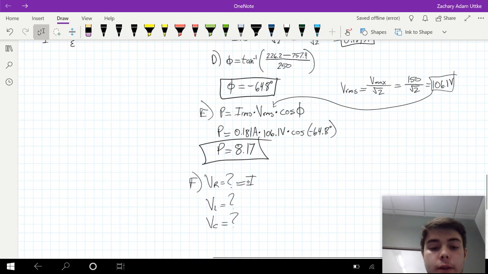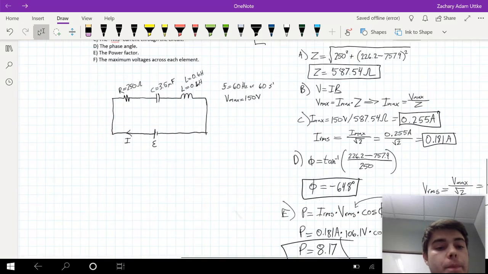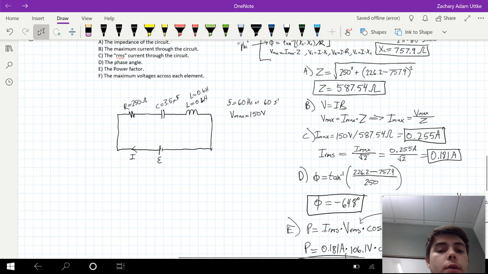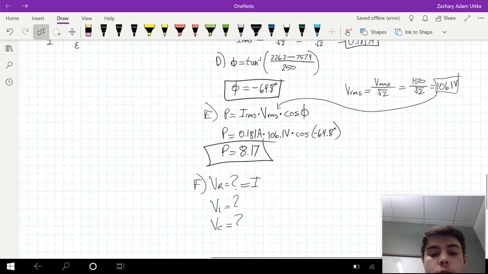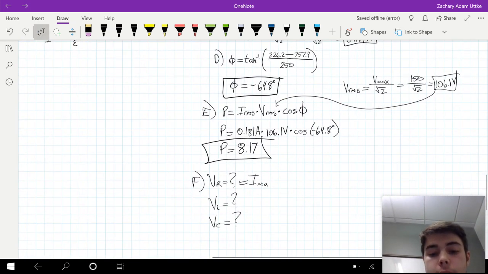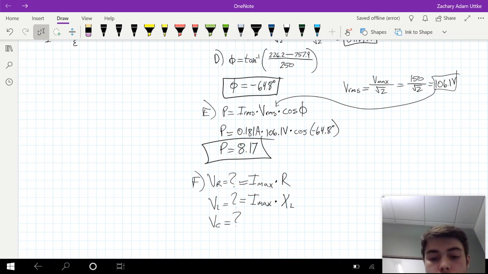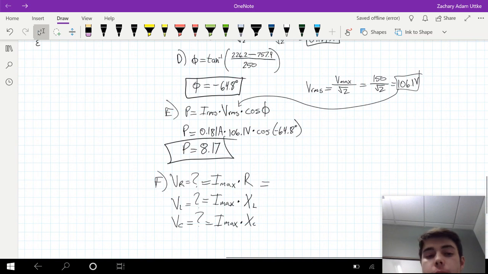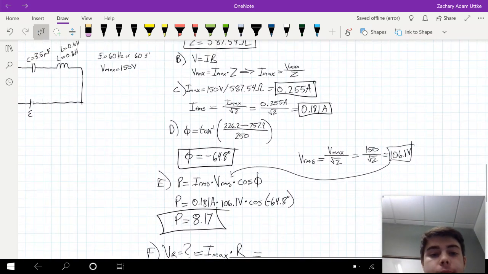which is given by this equation here. So it's important to note that it says the maximum voltages. So if we're looking for the maximum voltages, we need the maximum current times each of the reactances, like this. So let's plug that in. What did we say I max was?